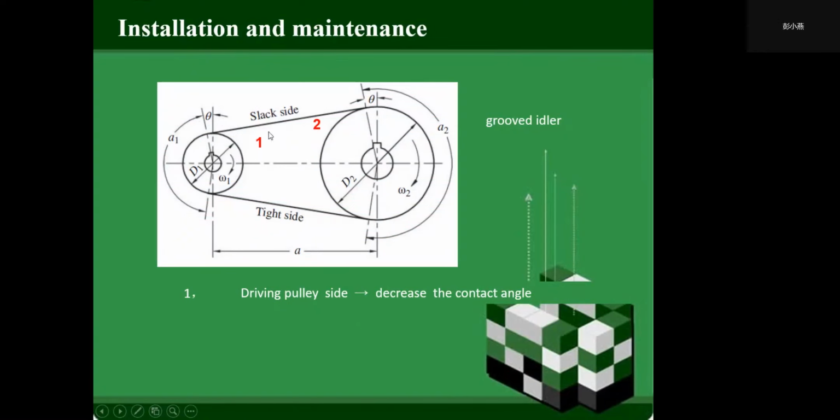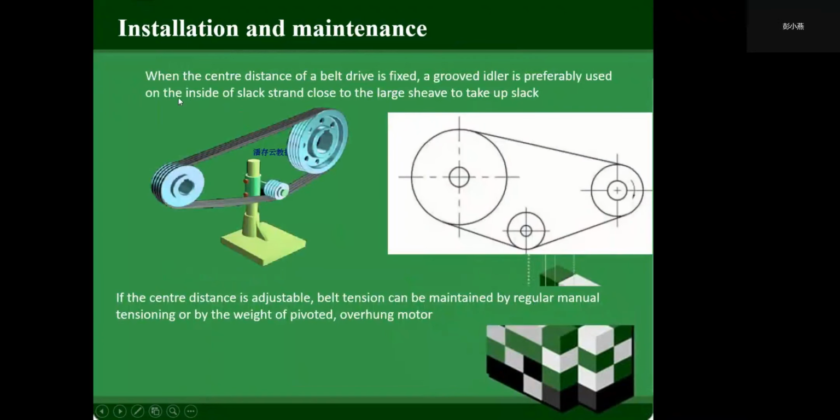So if we install the grooved idler on this side, it will decrease the contact angle. So we install the grooved idler on the inside of the slack strand close to the large shaft, and there on the inside of the slack strand close to the large shaft.